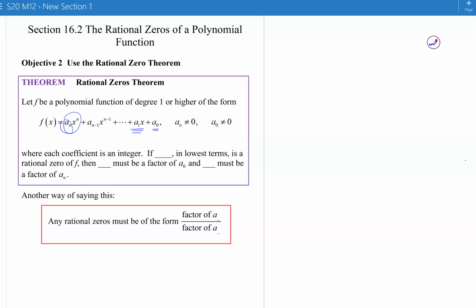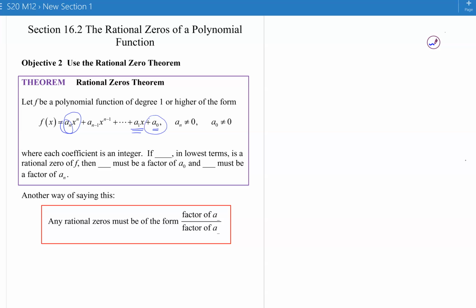So every polynomial doesn't have all of those terms. We just looked at a polynomial that was missing some of the terms. But you're definitely going to have an a sub n because that's the highest degree term. So you also might have a constant or it might be 0.